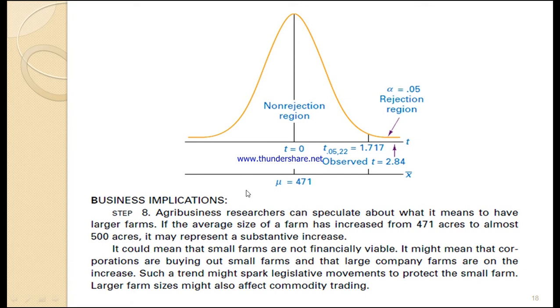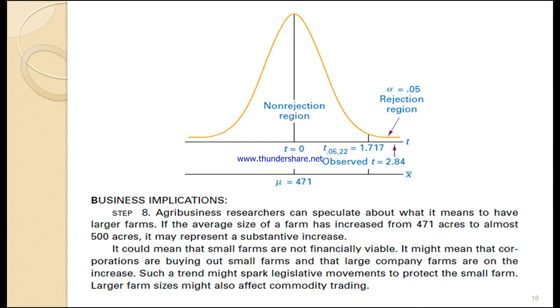The final step is taking a business decision. Therefore, the agribusiness researchers can predict what it means to have larger farms. If the average size of a farm has increased from 471 to almost 500, it may represent a substantive increase.